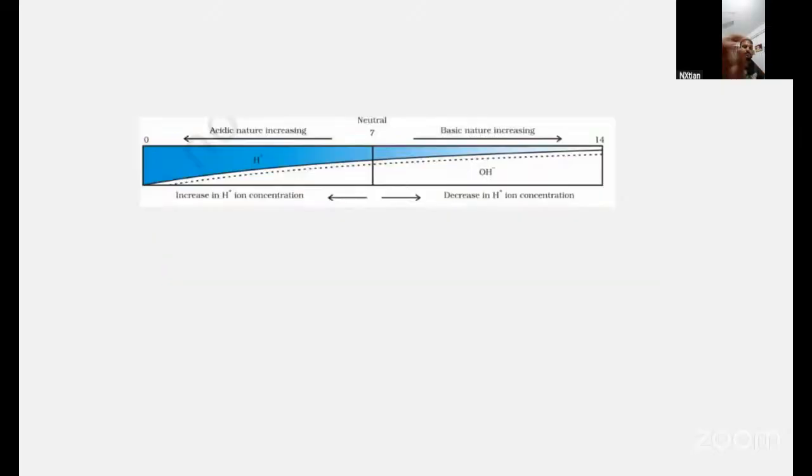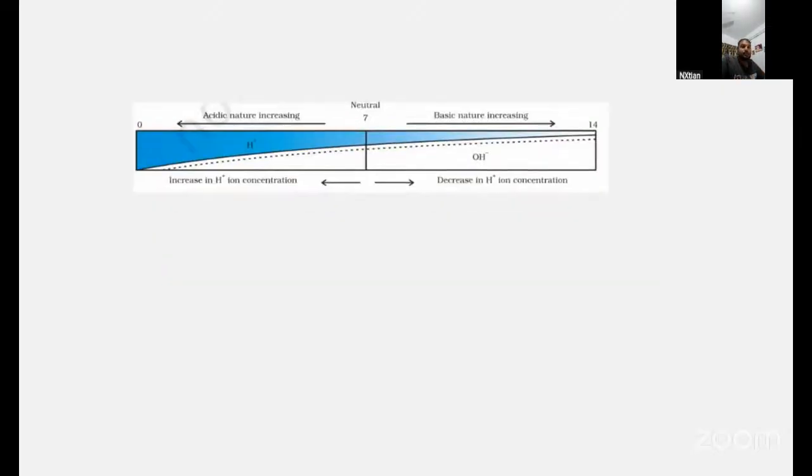Now can you see this table which Gitika was saying? From 0 to 7, this one is H plus ion concentration, the blue color, and the white color is OH minus concentration.